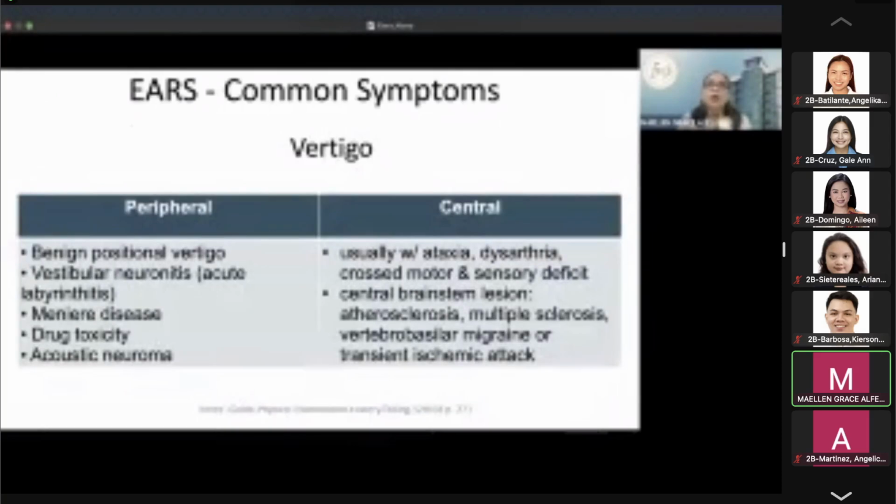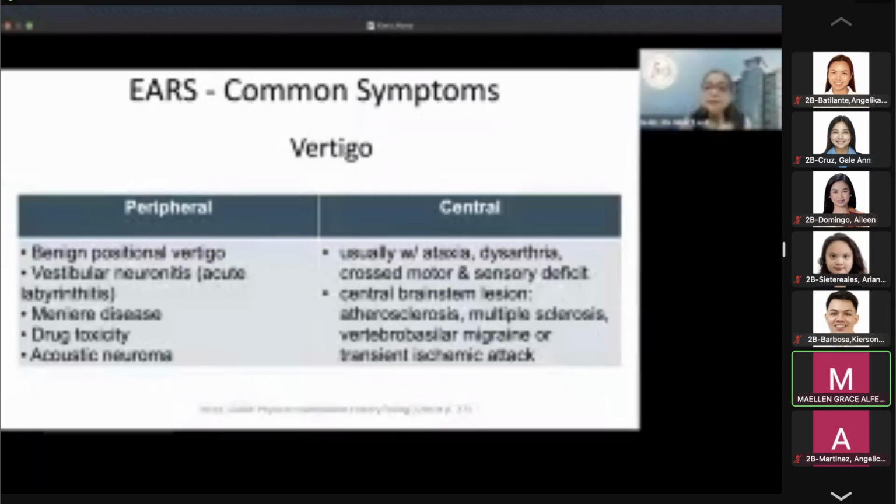So, if the dizziness is described as vertigo, a spinning sensation of either the environment or the patient, then it can be divided into a peripheral or a central problem. Peripheral problems are usually due to benign positional vertigo, vestibular neuronitis or acute labyrinthitis, Meniere's disease, drug toxicity, or acoustic neuroma.